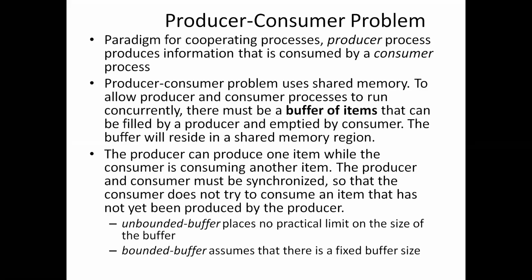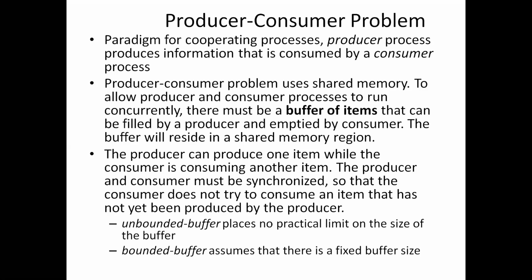In an unbounded buffer there is no chance that the buffer will be full, as there is no size limit. So there will be no situation where the producer waits in the unbounded buffer, whereas in the bounded buffer the producer must wait if the buffer is full, until the consumer consumes an item from the buffer.